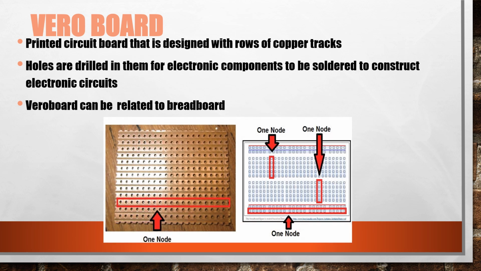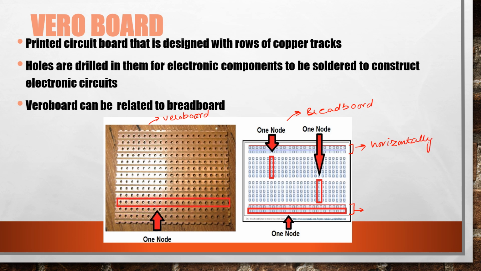Now look at this figure. This is a Vero board and this is a breadboard. We know that these set of holes, it means these rows of breadboard, they are connected horizontally.